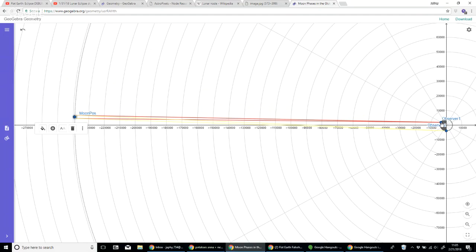The view that this person has of the moon, because they were in the northern hemisphere, because the moon is coming up into the Earth's shadow, they are going to see the shadow on the moon start from the top of the Earth.